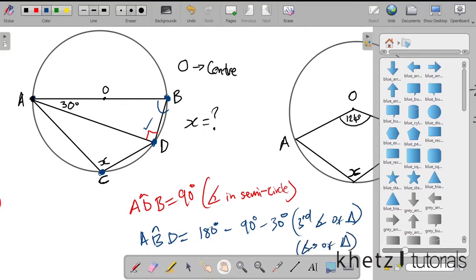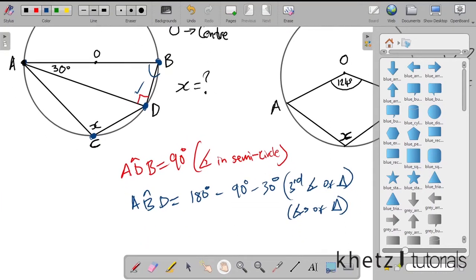So all of the angles in the triangle ABD have to add up to 180 degrees, and that is why I subtracted the 2 angles from 180 degrees to get the final angle, which is ABD. And the value you should get over there should be 60. So that is the value of this angle here.